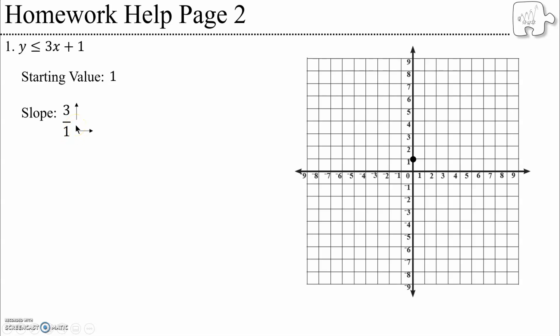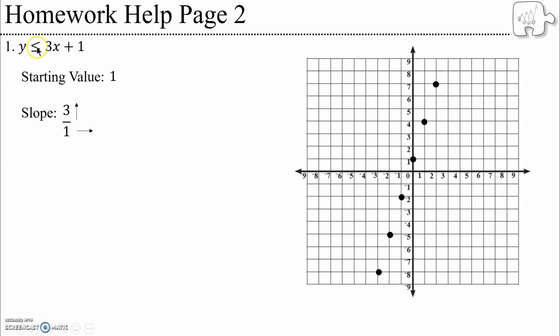From that first point, we're going to go up 3 and over 1: 1, 2, 3, over 1. We could also reverse these two directions and go down and to the left, 1, 2, 3, and over 1, repeating that. So there we got our line.